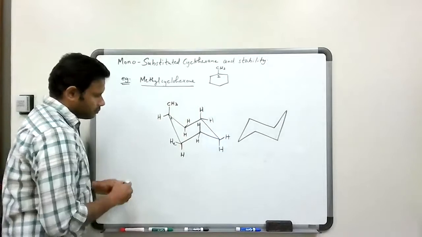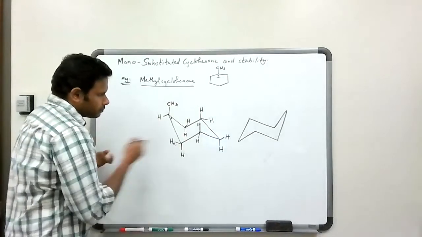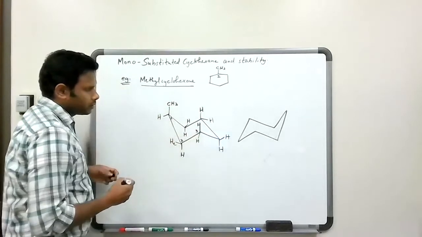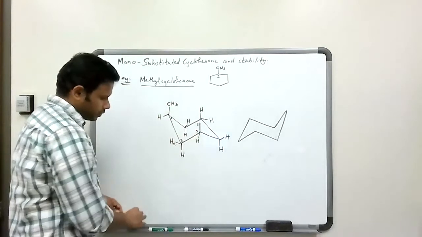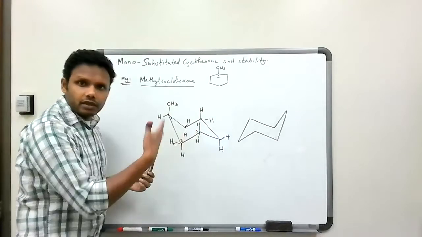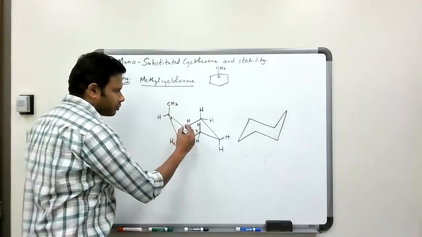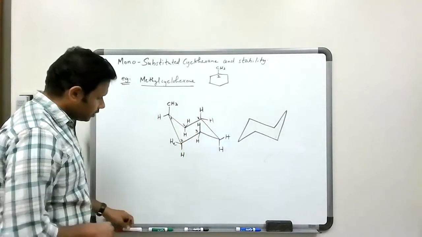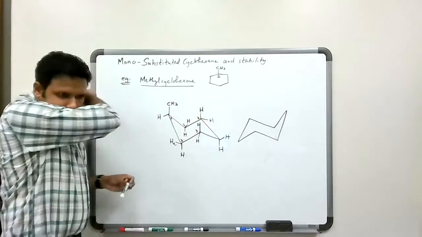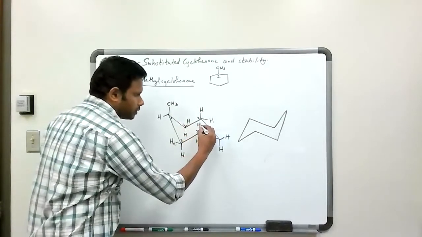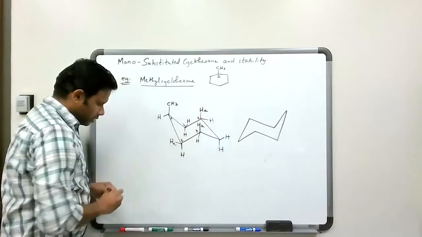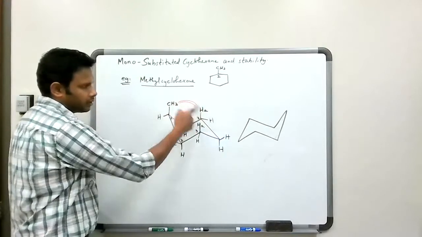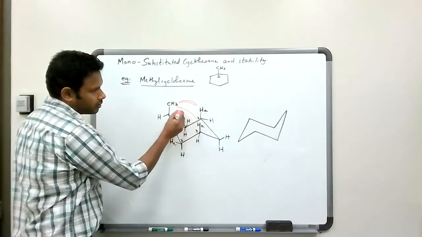And if we start numbering here, remember this is 1, 2, and 3. Or if we go in the other direction, you could have 1, 2, and 3. So when we talk about axial interactions or 1,3 diaxial interactions, we are referring to an interaction between this methyl group and that hydrogen, and the methyl group and this hydrogen.